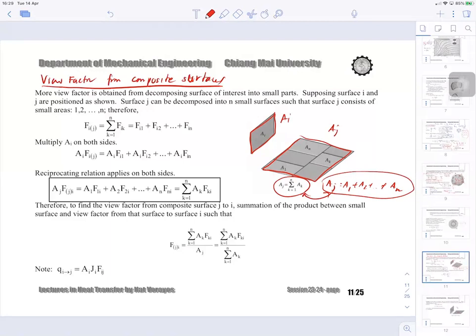So what happened? If you want to find Fij, you have to take a look at the radiosity. Fij is Q from i to j over Ji Ai. The concept is on the top. So Q from i to j is going to decompose.